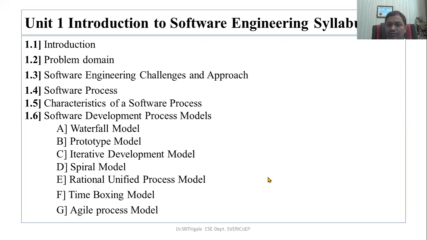Then we discussed, once we are aware of the process, that a process tells us what to do, how to do, and when to do, to reach a certain goal. From my starting point to end point, whatever actions I take are related to each other. The output of one action is considered the input for another action, and based on this entire scenario, we need to discuss the different project parts.